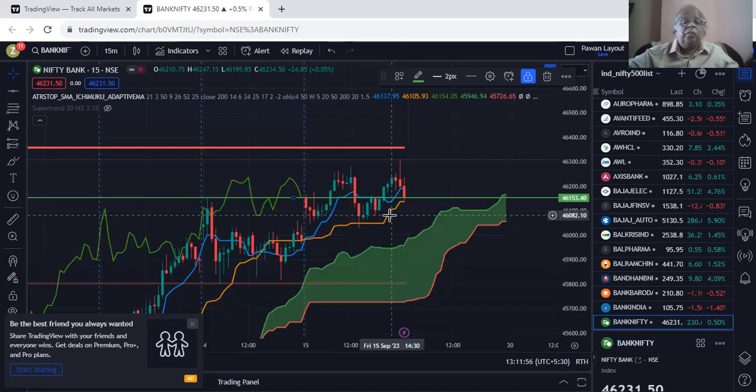And lastly, the difference, the gap between the Tenkan-sen and Kijun-sen.